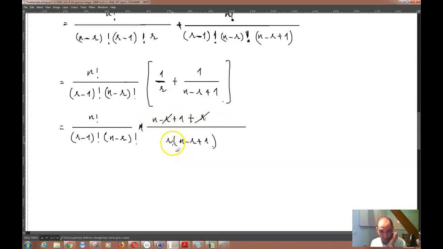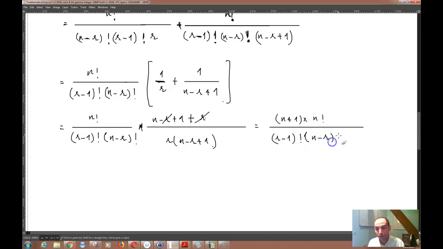You would get n plus 1 over this thing, which you can write as, if you multiply these two things, n plus 1 times n factorial divided by r minus 1 factorial times n minus r factorial times r times n minus r plus 1.